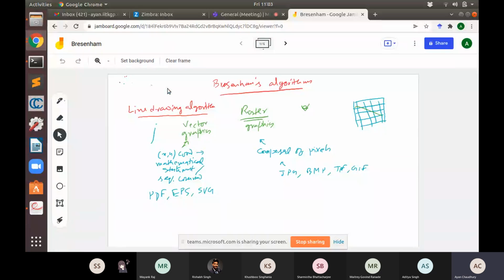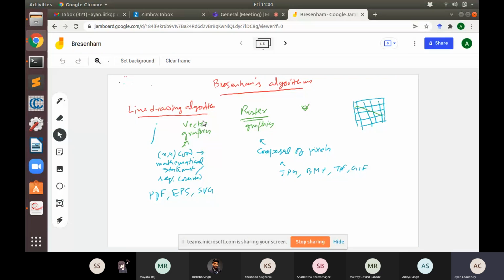Okay, so yesterday we started with Bresenham's algorithm. We have seen the complexity of drawing a line on the computer screen, or more on raster graphics devices, where we discussed the difference between vector graphics and raster graphics.